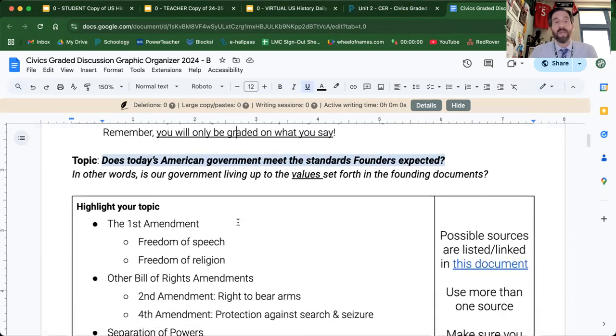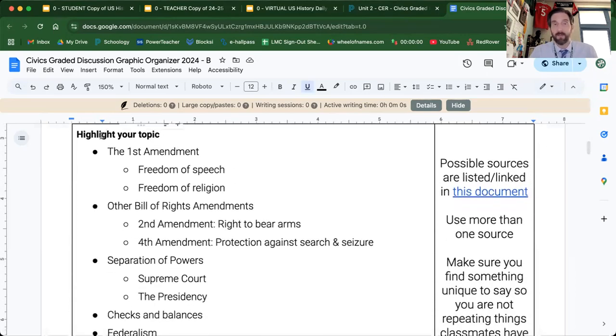So we have a list of possible topics that you are going to highlight. You get to choose from the First Amendment or the other amendments in the Bill of Rights. The First Amendment has so much on it, so much on the freedom of speech, so much on freedom of religion. That's kind of its own separate topic. If you want to do stuff about freedom of the press, there's plenty of stories out there about freedom of the press, you can do that.